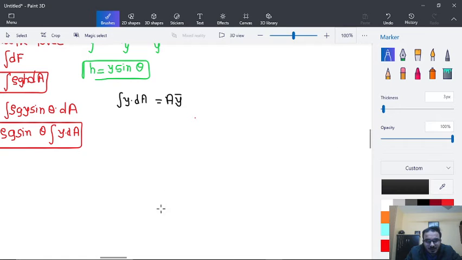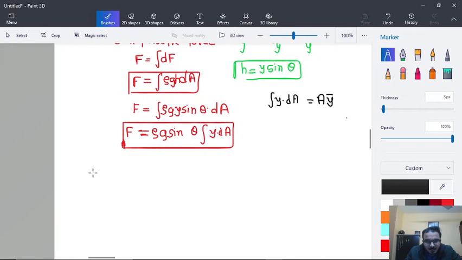So here we can simply replace this, and finally we are getting the value of F is equal to rho G sin theta into A into y bar.